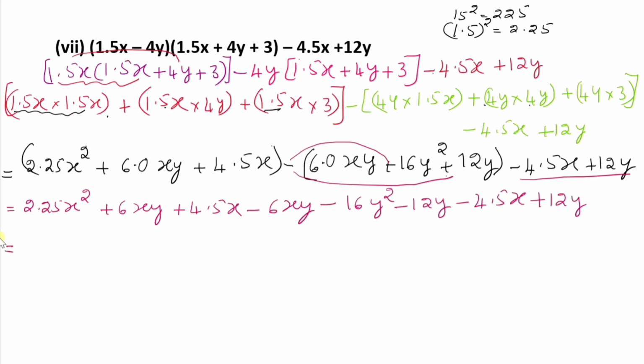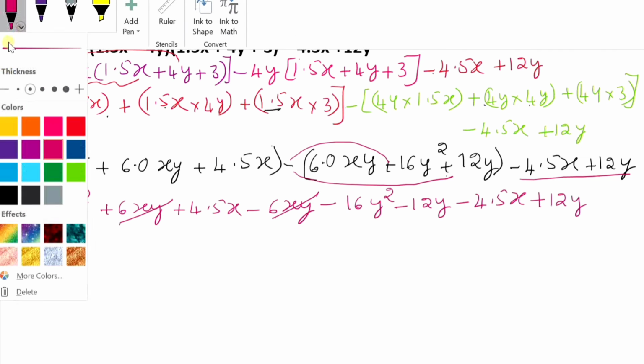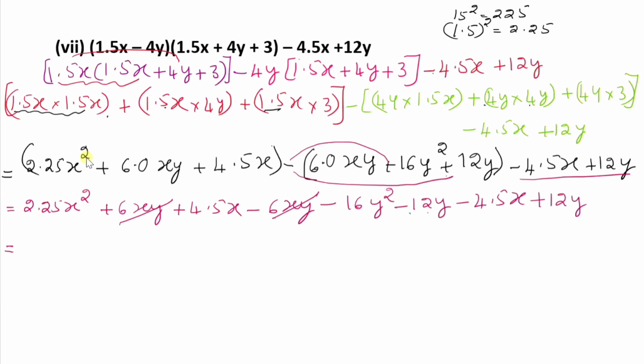Now you observe all the terms of this expression. If you have like terms with opposite signs, then you can cancel them. So plus 6xy will get cancelled with minus 6xy. Also this minus 12y will get cancelled with plus 12y, and plus 4.5x will get cancelled with minus 4.5x.